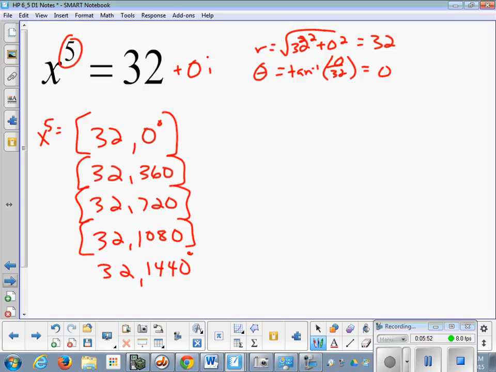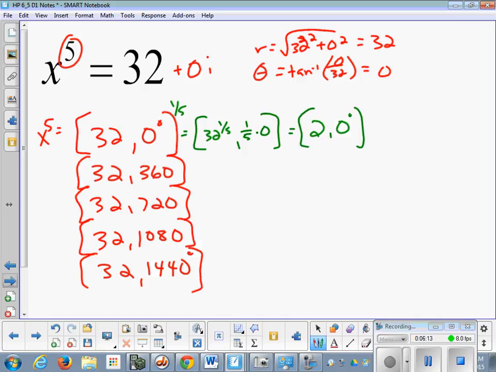Next, we are going to apply de Moivre's theorem. So we are looking at the 1/5 power. So this is 32 to the 1/5, and I have 1/5 times 0. This gives me 2 comma 0.